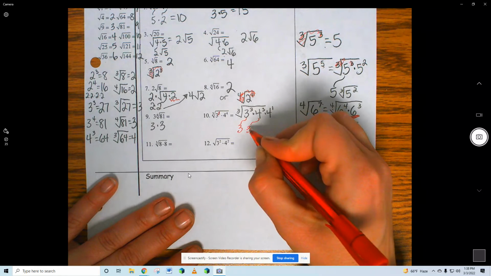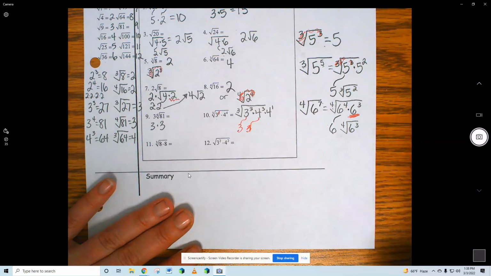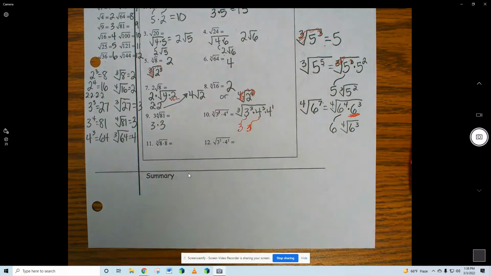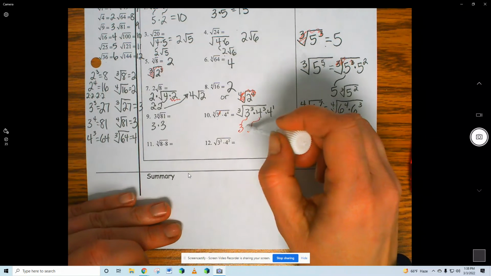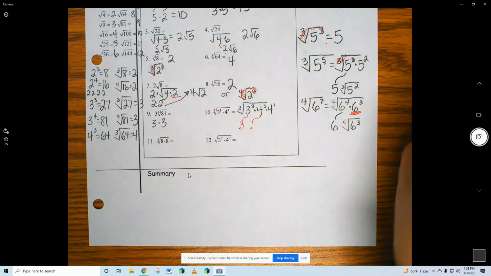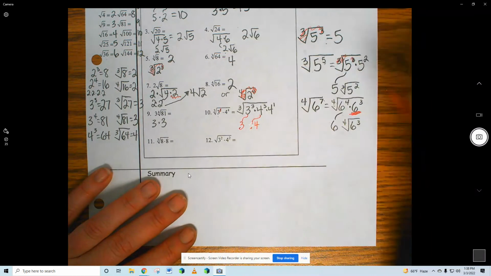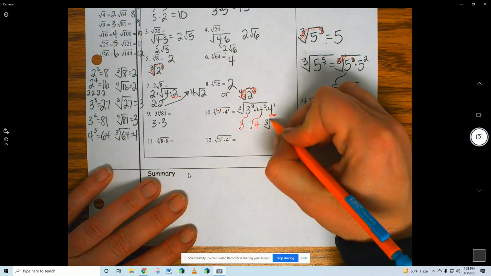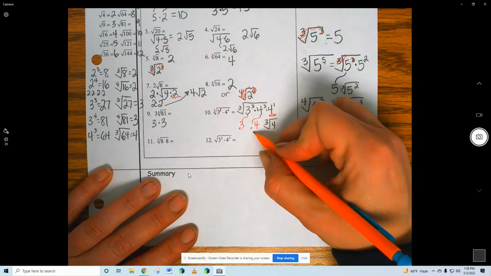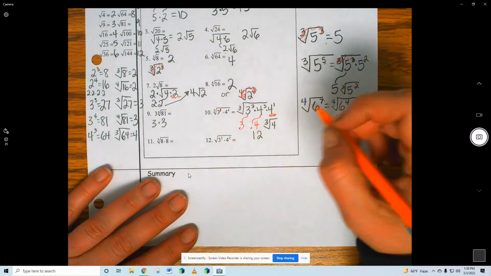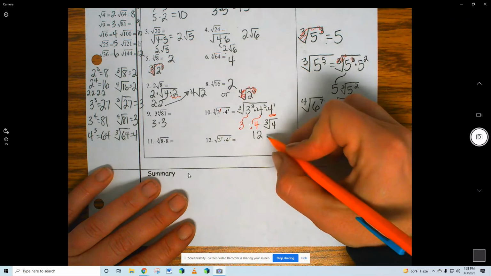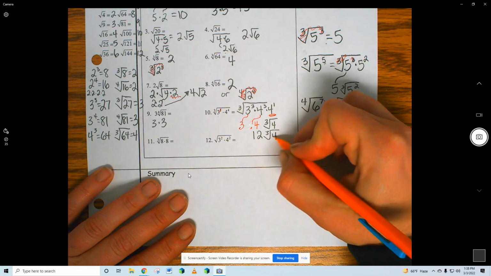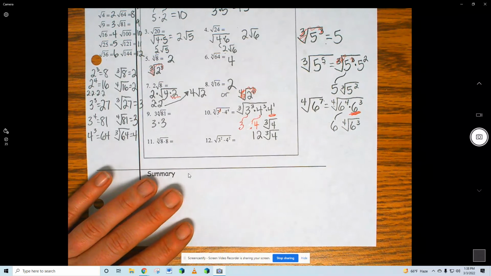The 4 comes out. But still under there is going to be a third root of 4. So I multiply the 3 times 4 and I get 12, times the cubed root of 4. Number 10 is lengthy.